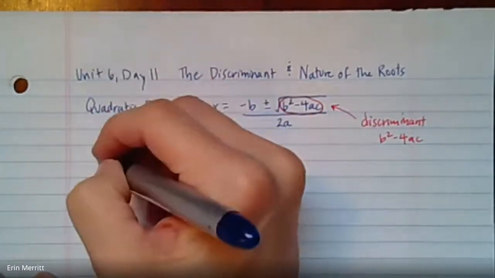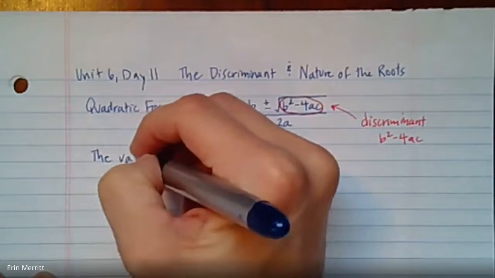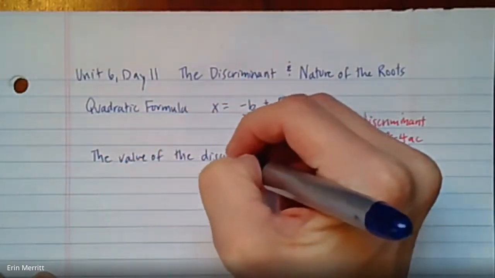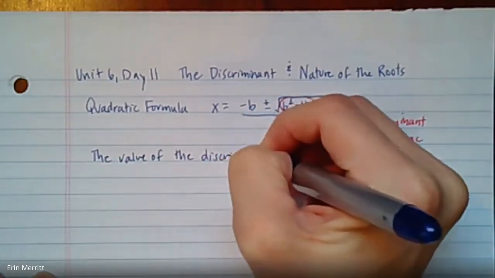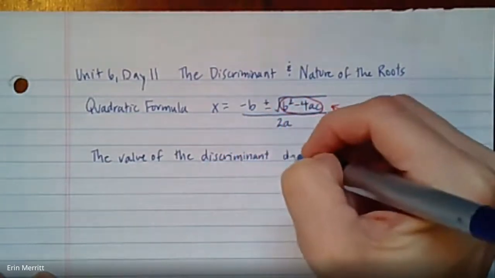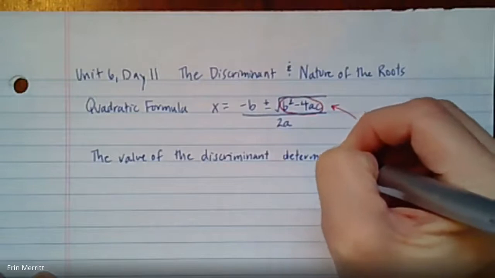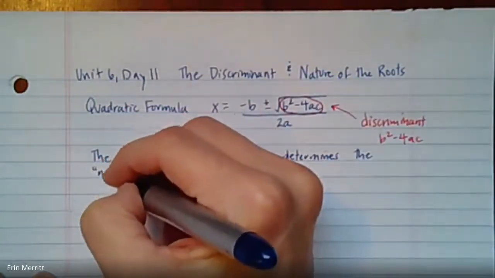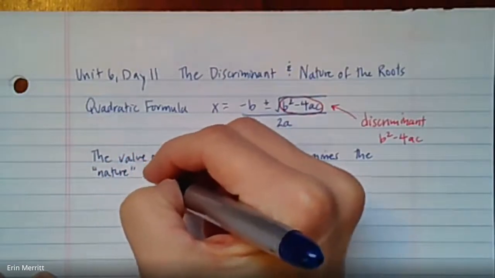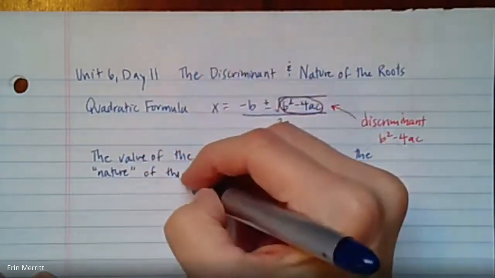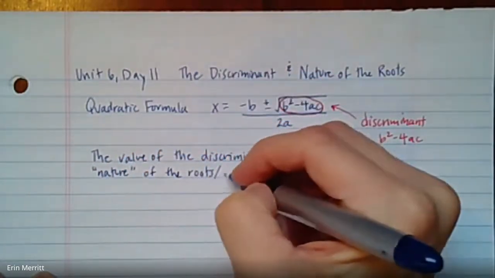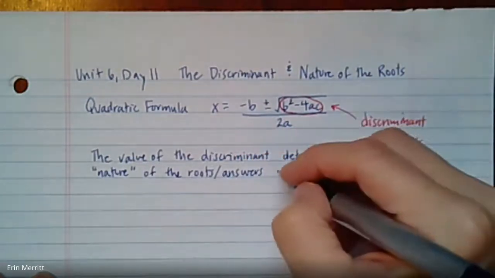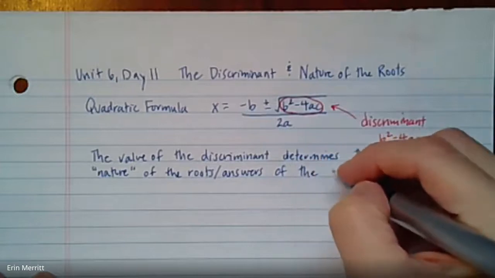So the value of the discriminant determines what I'm going to call the nature of the roots, which is synonymous with answers of the quadratic equation.